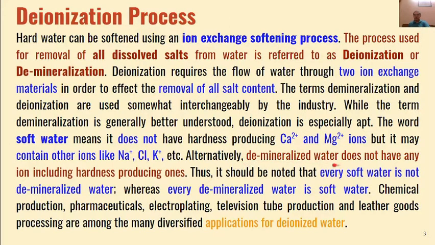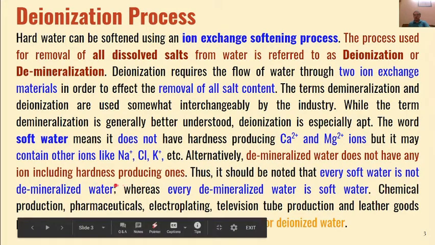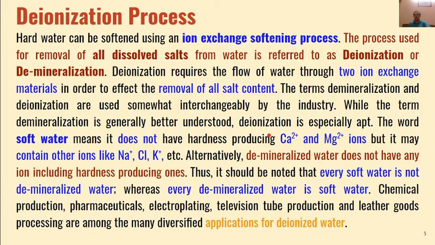The demineralized water does not have any ions, including hardness producing ions. So every soft water is not a demineralized water, whereas every demineralized water is a soft water. This should be clear to us for the deionization process.